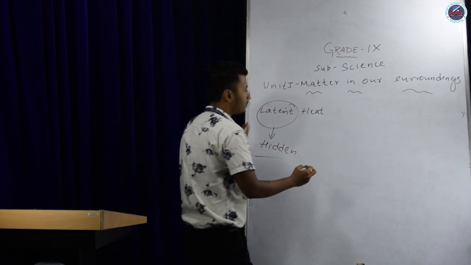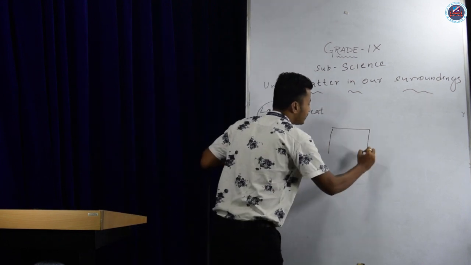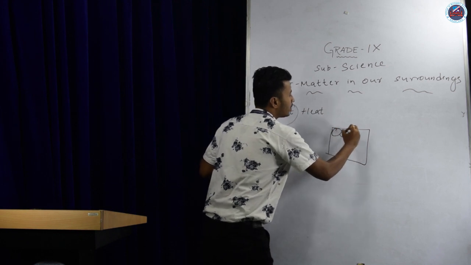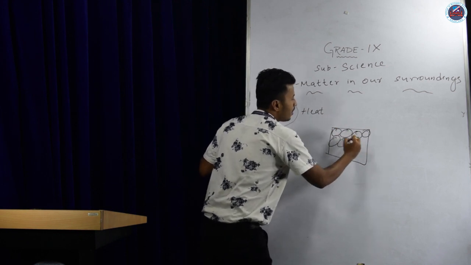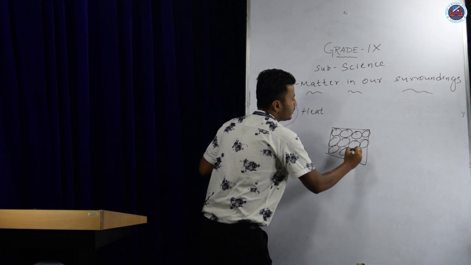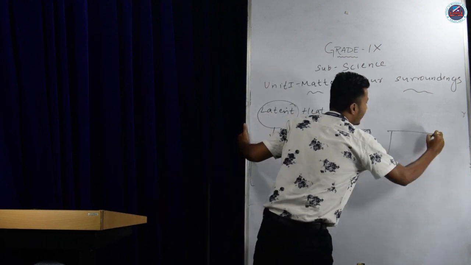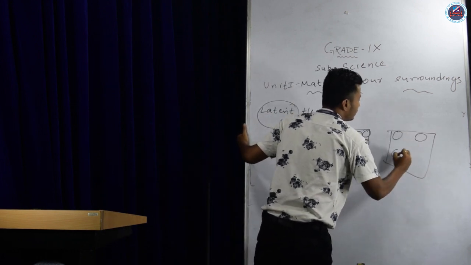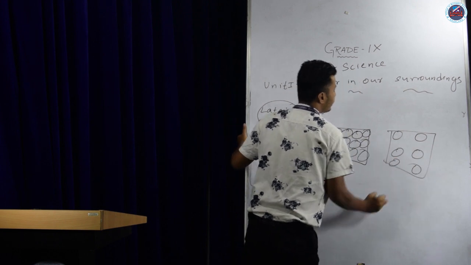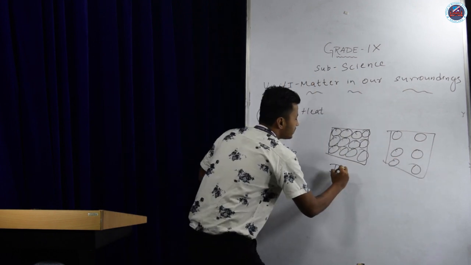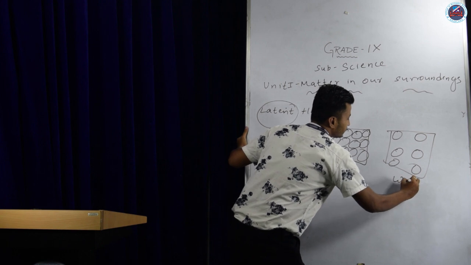Let's take an example. I have ice here whose particles are attached very close to each other, and I have water here whose particles are far away from each other. This is ice, this is water.